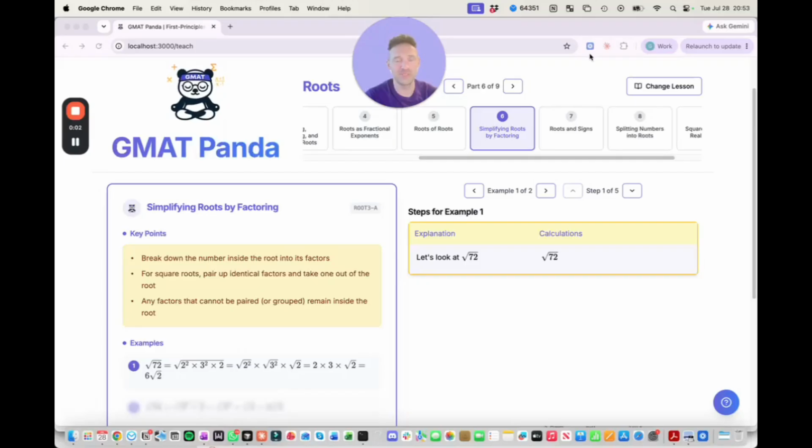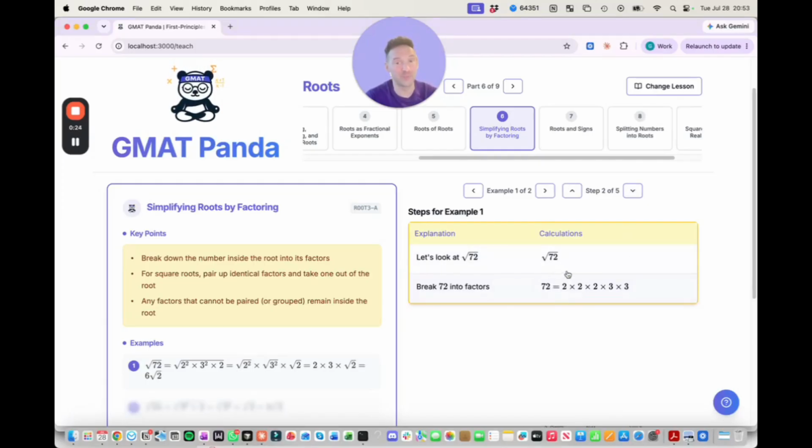So how do we deal with square roots or roots of large numbers? Well, let's take an example, and in this case we want to calculate the square root of 72. So the first thing that we want to do is to break down the 72 into factors, right? So a factor is essentially a multiplication.